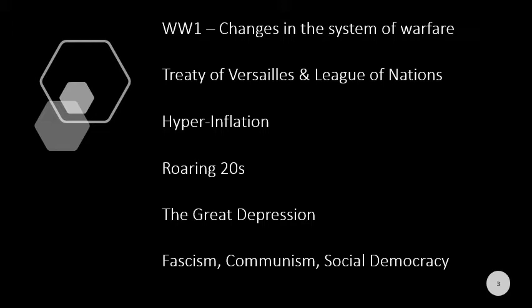And then the Treaty of Versailles and the League of Nations and the post-war settlement, the hyperinflation of the rebuilding phase, and then the Roaring '20s boom that leads into the Great Depression, and I just want to briefly cover Fascism and Communism and social democracy, the three economic systems that came out of the Great Depression.